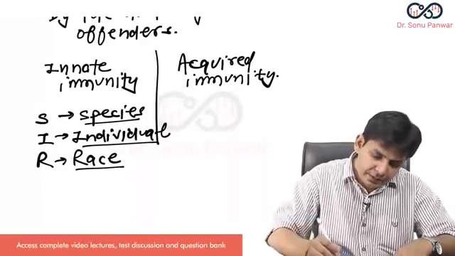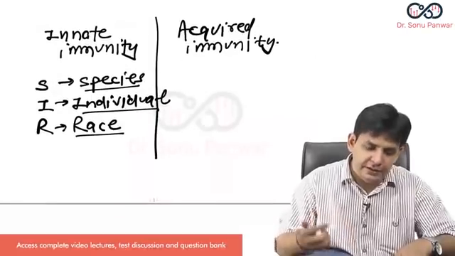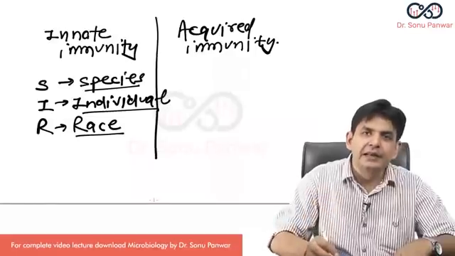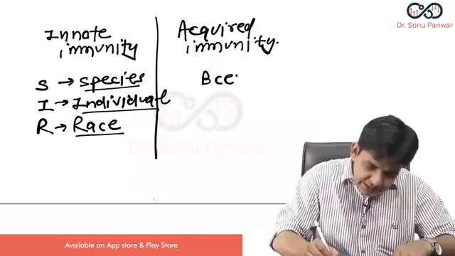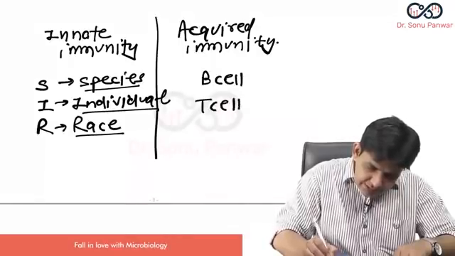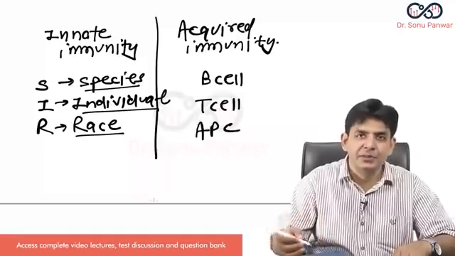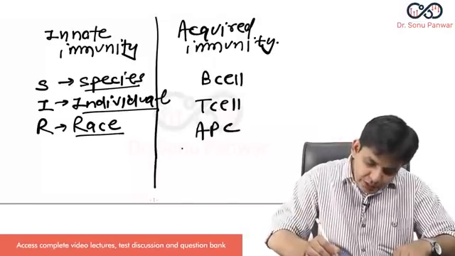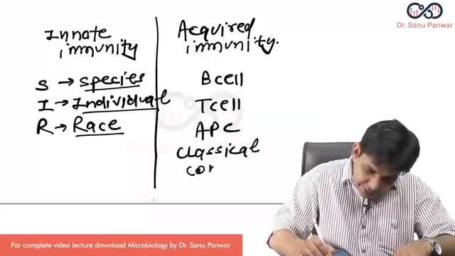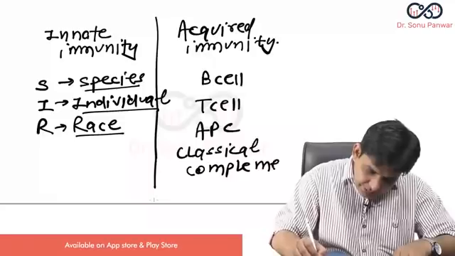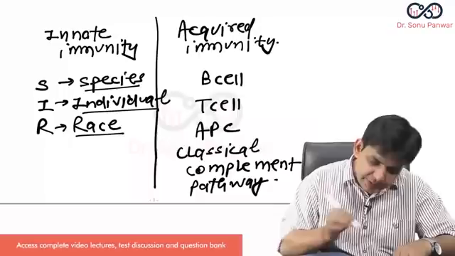Fine. Remember this, guys, that most of the things are part of innate immunity, and in acquired immunity you need to remember four things. One is B cell, one is T cell, one is APC, and what is APC? Antigen presenting cell, and one is the classical complement pathway.